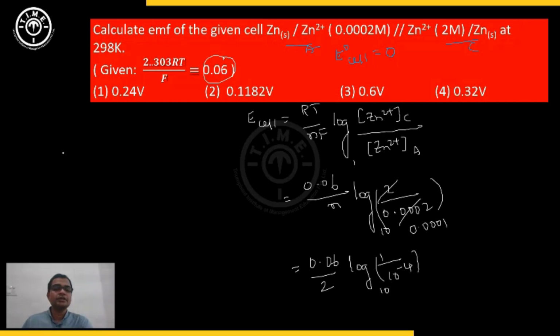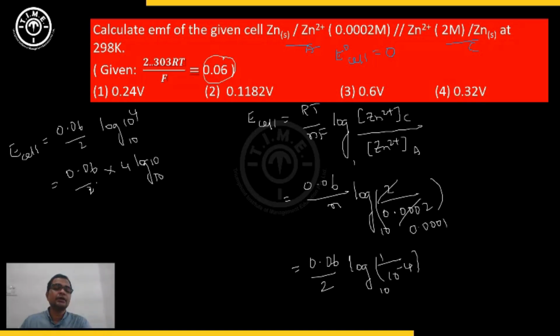Okay, so from this you see E cell is equal to 0.06 by 2 and the log of 10 to the power of 4, when it moves to the numerator. Then what will you get? 0.06 by 2 into 4 into log 10.